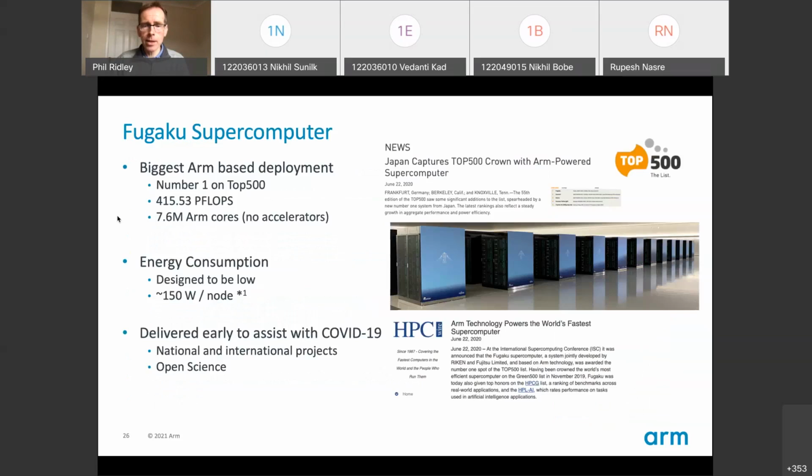And finally, as I've mentioned before, we have the Fugaku supercomputer, which is based at Riken in Japan. It was in development for several years before it was made operational a while ago. It's been in HPC news items quite a lot.